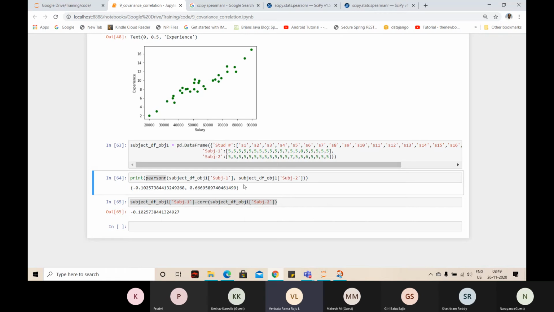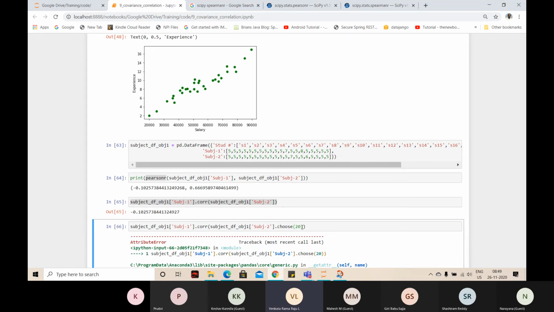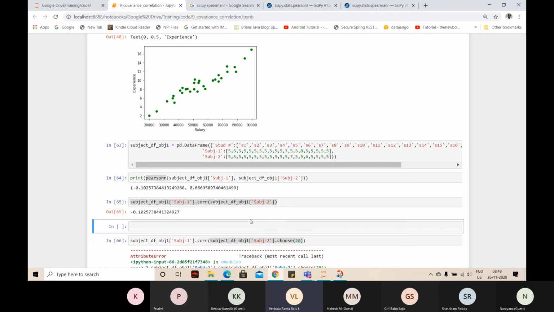How is it calculating? It does the calculation here, and then it is going to shuffle. Give me a second. I think there is a method called sample, which randomly chooses the values.